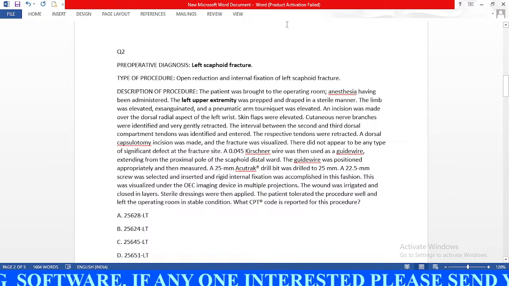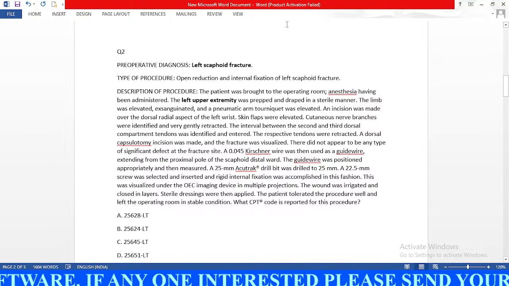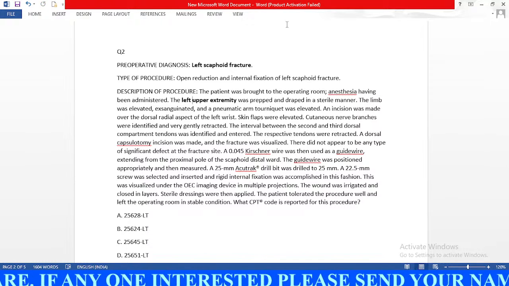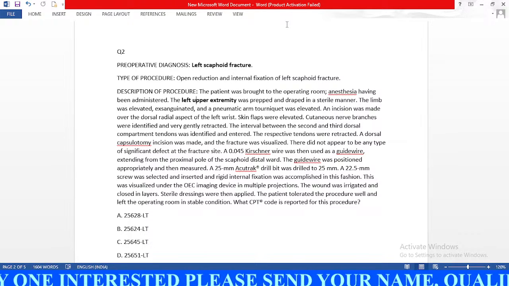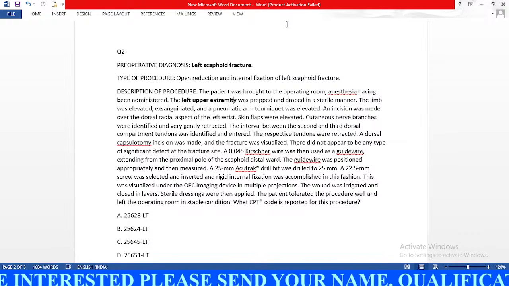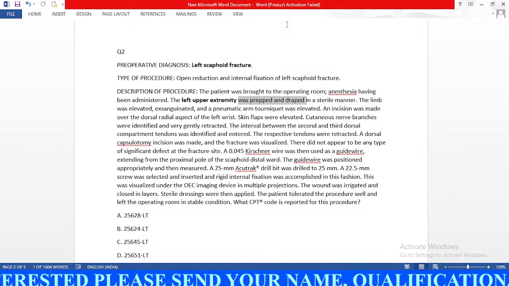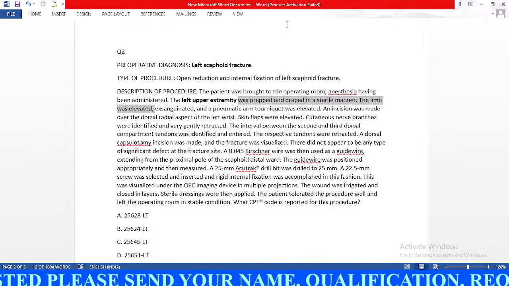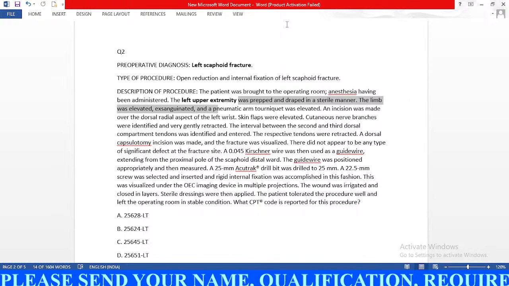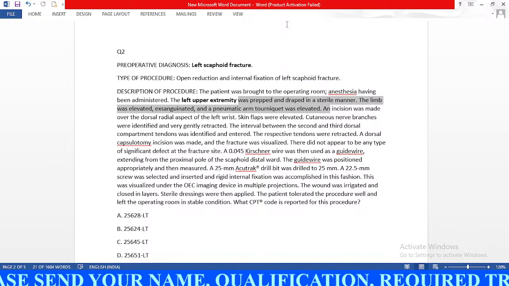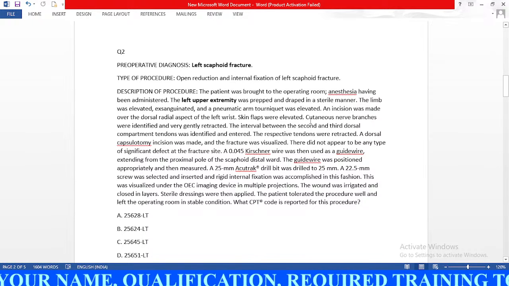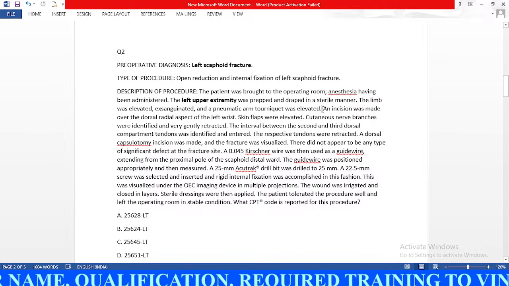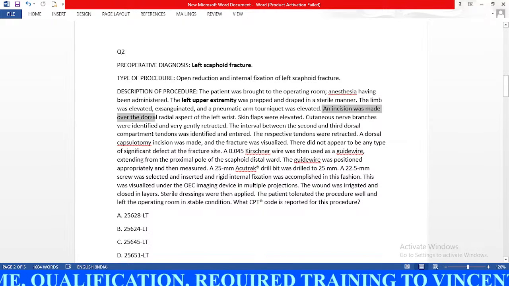So always concentrate more on the description of the procedure. Here we got one keyword: left upper extremity was prepped and draped in the sterile manner. The limb was elevated, exsanguinated and a pneumatic arm tourniquet was elevated. From here we need to find properly. An incision was made over the dorsal radial aspect of the left wrist.